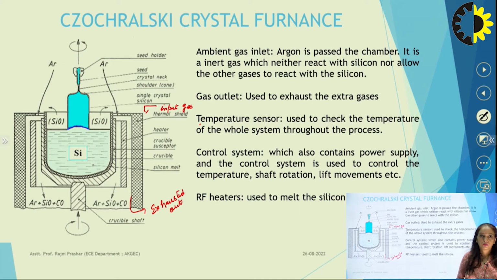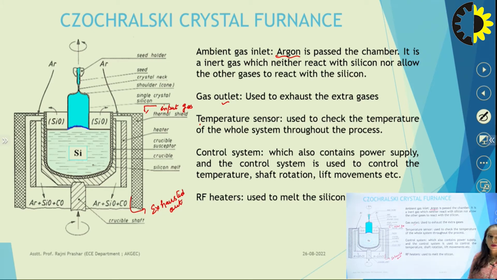Obviously, this process cannot be done in the presence of oxygen, because oxygen may react with the silicon and form silicon dioxide. So argon is passed in the chamber and it is an inert gas which neither reacts with the silicon nor allows the other gases to react with the silicon. So inert gas argon is used to pass in the chamber so that the resultant silicon ingot will be free from any contamination. Next we have some gas outlets, which are used to exhaust the extra gases.